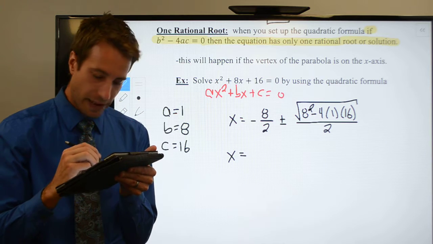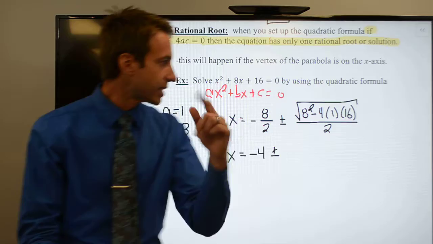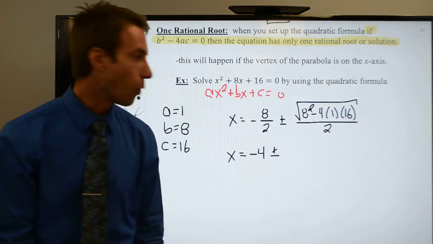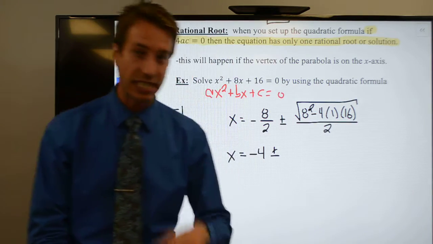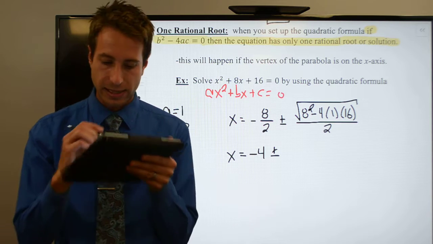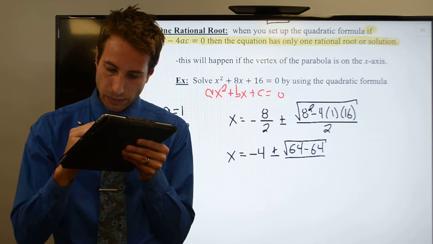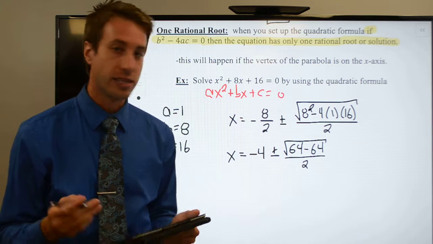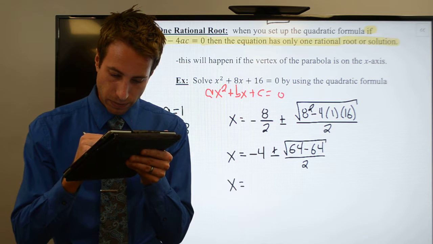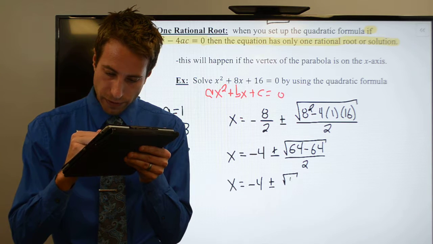Well, a negative 8 divided by 2 is going to be a minus 4, and then I have plus or minus, and check this out. 8 squared is 64. Negative 4 times 16 is also 64, and you wind up with 64 minus 64. And we're going to take the square root of that. Well, 64 minus 64 is 0. So you have the square root of 0.